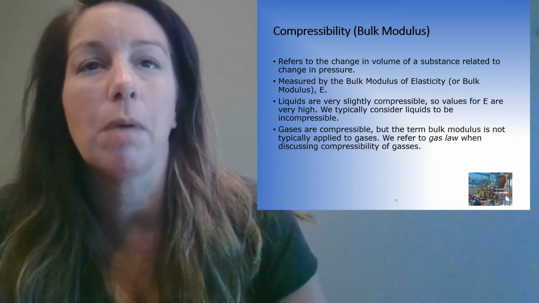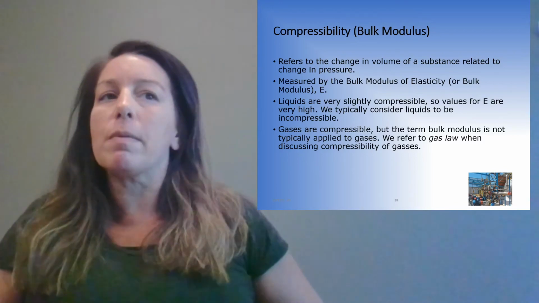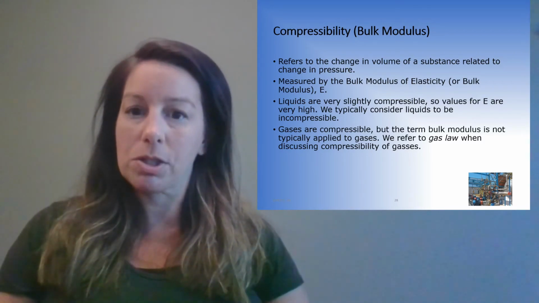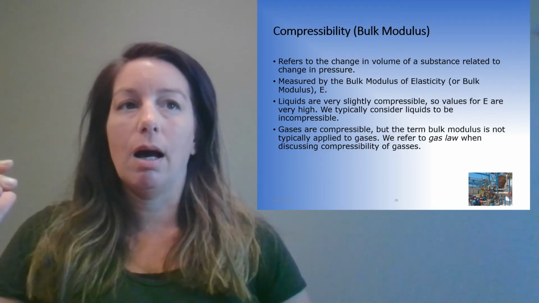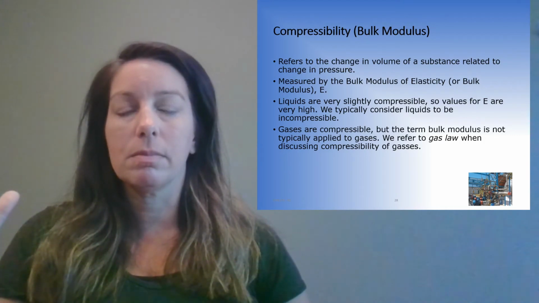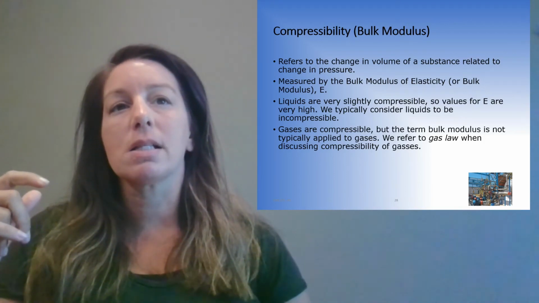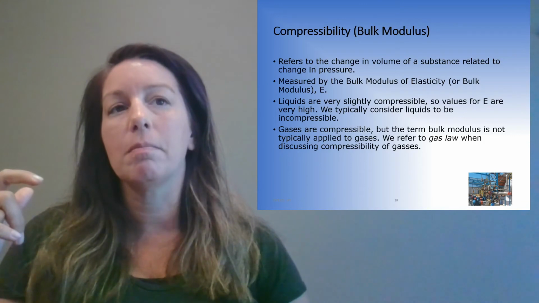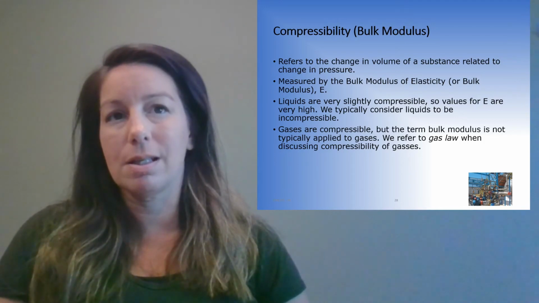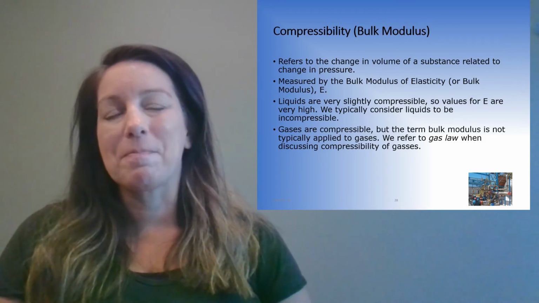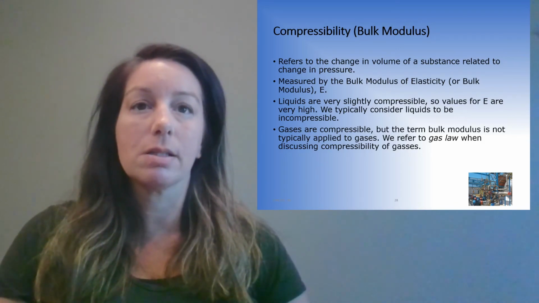Compressibility, bulk modulus. This is the compressibility of a liquid. It refers to the change in volume of a substance related to the change in pressure. So remember we said certain liquids slightly change their volume depending on the pressure, and this is measured by the bulk modulus of elasticity, E. It's the same nomenclature that we used in mechanics of materials.